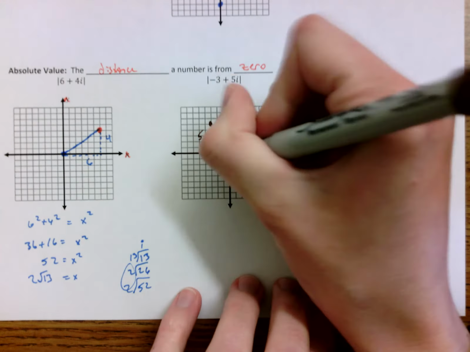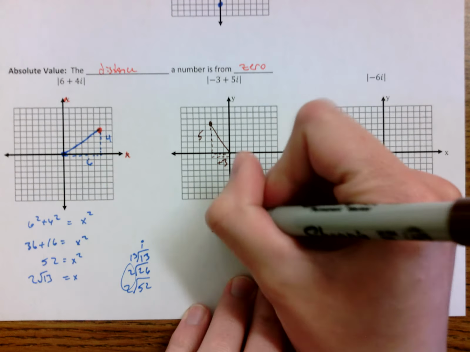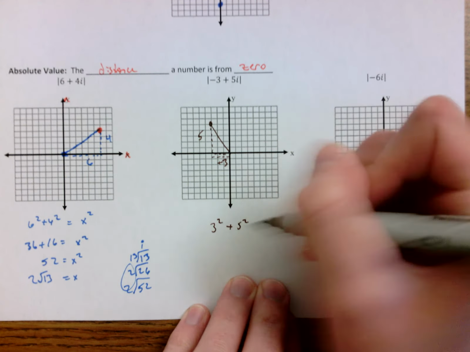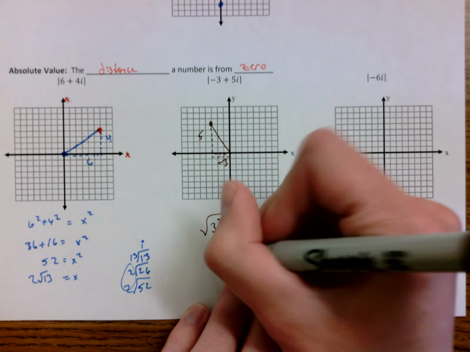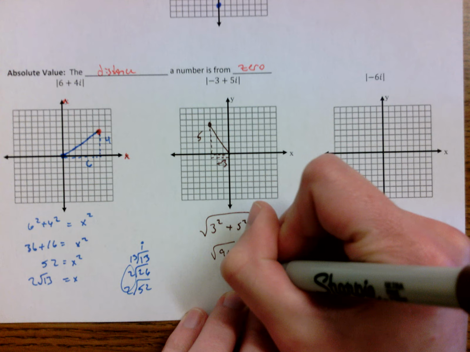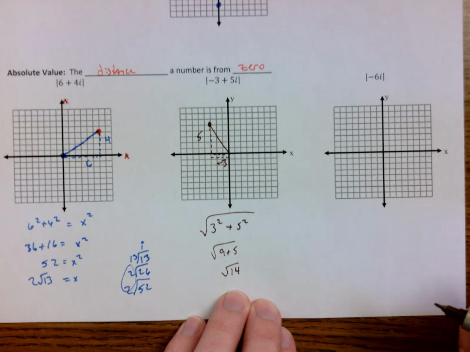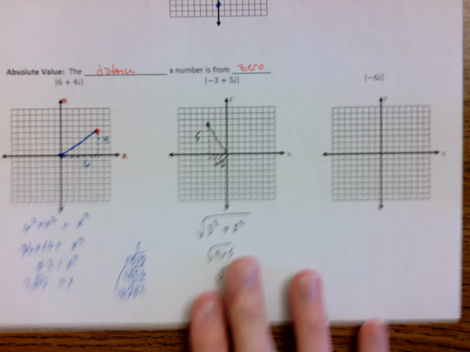Okay, distance is always positive though, so really I can ignore that and make just +3. Right, and then what am I doing? Well, I'm doing 3 squared plus 5 squared, and then I know eventually I'm going to take the square root of it, right? So this is the square root of 9 plus 25, which is the square root of 34. That doesn't simplify, so that's my distance.